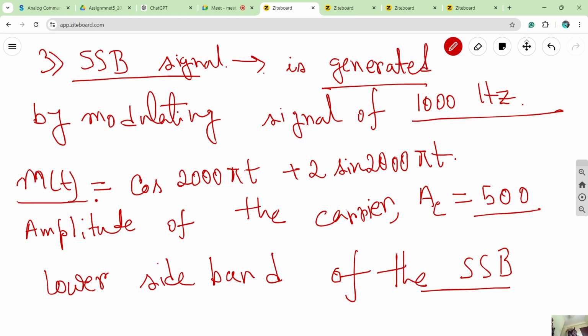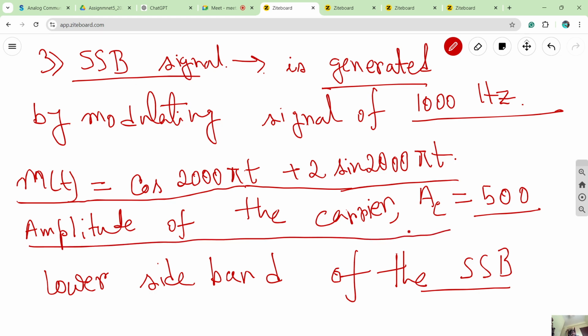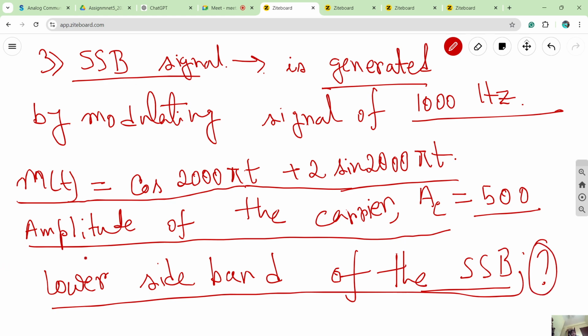So you have a message signal m(t). This one is the message signal, and the amplitude of the carrier is this. So you have to find what is the lower sideband of the SSB. This is the question.